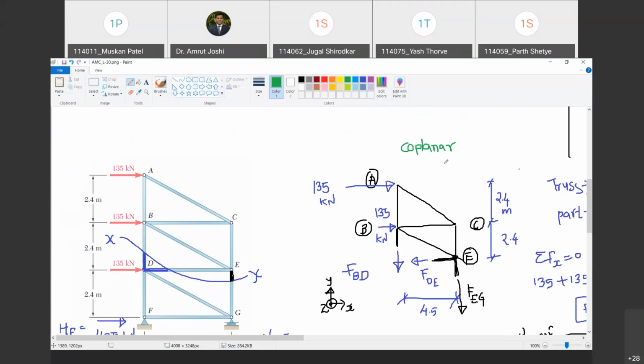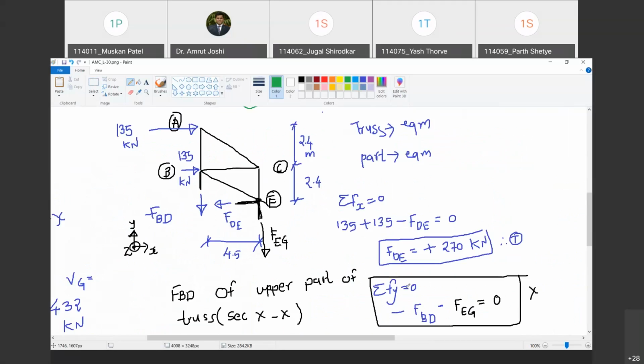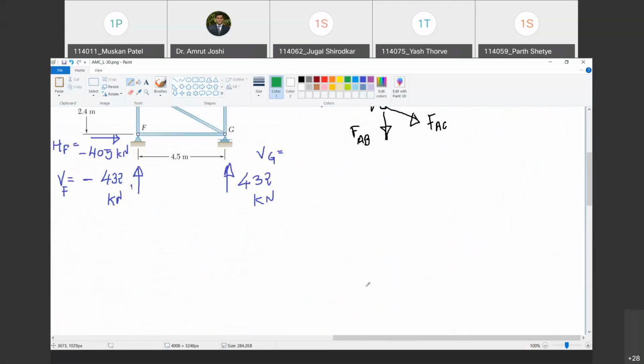No. So it is a coplanar but non-concurrent force system. Do you agree with me? Yes, sir. As it is a coplanar but non-concurrent force system, you could apply three equations of equilibrium: summation Fx, summation Fy, and summation moment. Do you agree with me? Yes, sir.